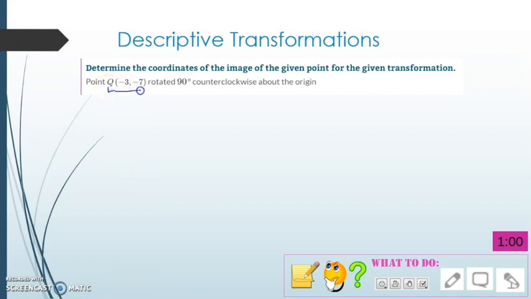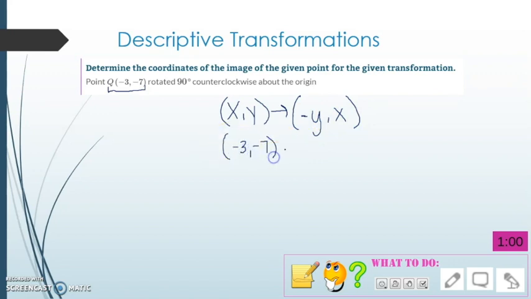Determine the coordinates of the image of the given point for the given transformation. Point Q, negative 3, negative 7, is rotated 90 degrees counterclockwise about the origin. So remember this mapping rule is your original point, the values are switched, and then the y becomes negative. So if your original point was negative 3, negative 7, then my y value was here, negative 7.